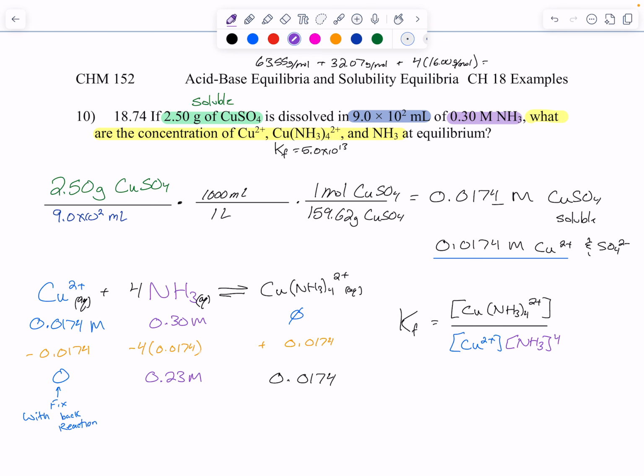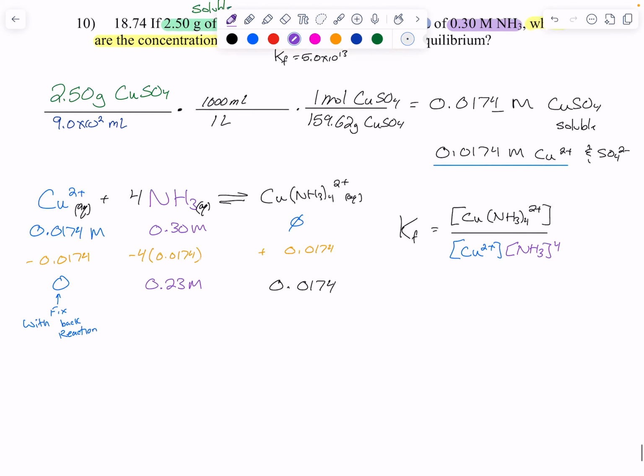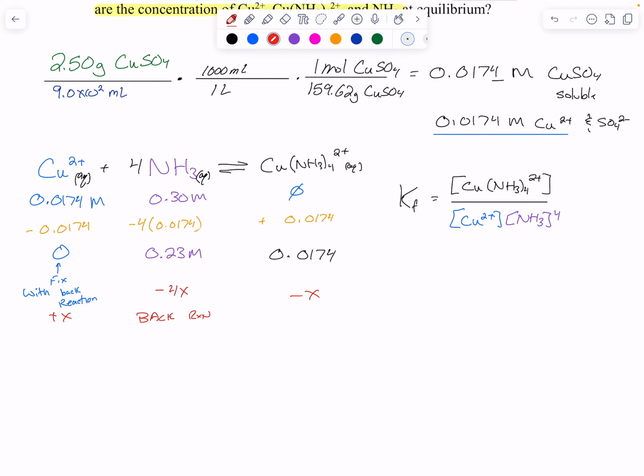We know what everything else is. And copper(II) can't be 0. So assuming a back reaction, you would have minus x, minus 4x, plus x. There's our back reaction. And so you would have 0.0174 minus x, 0.23 minus 4x, and x.